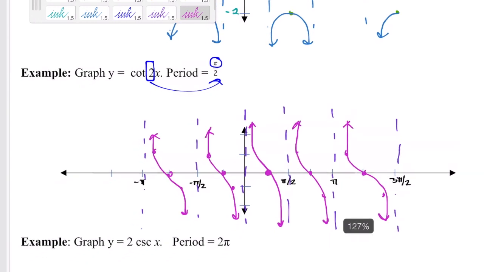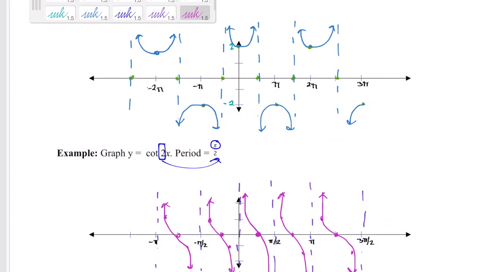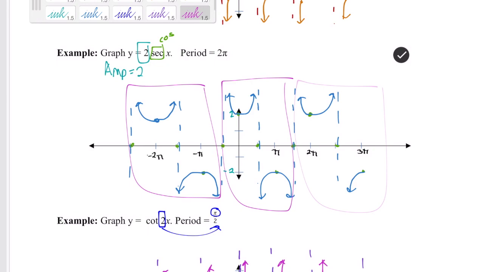And we're finished. So we typically ask for at least 2 periods whenever we're graphing these. I've graphed quite a few more for the cotangent. For the secant, we can see 1, 2, and 3/4 of a period.